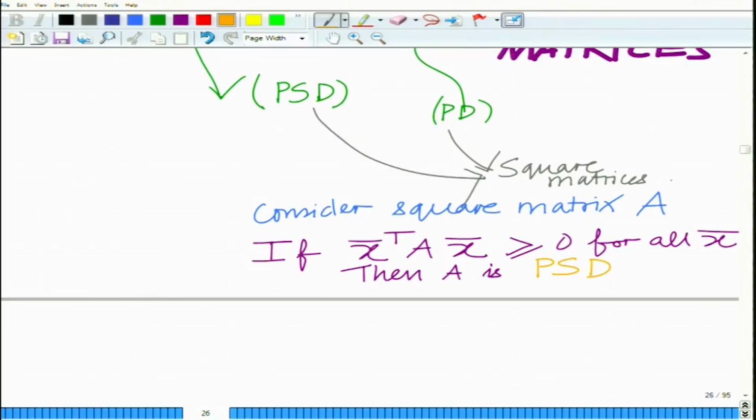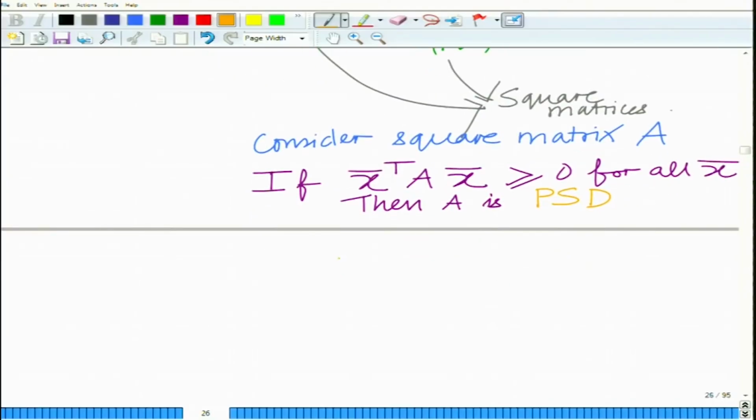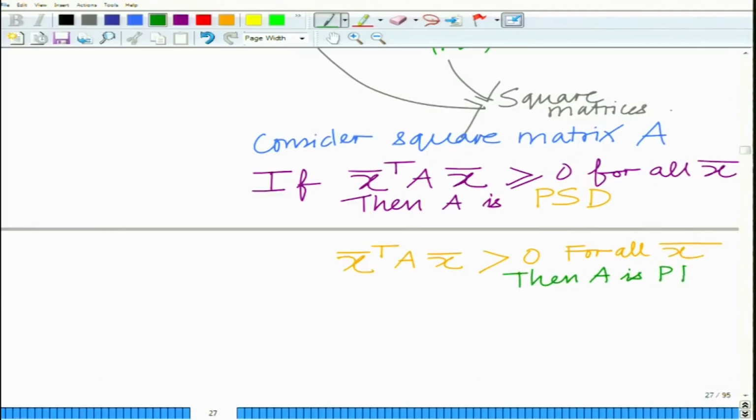Now, if x bar transpose A x bar is strictly greater than 0 for all x bar, then A is a positive definite matrix.